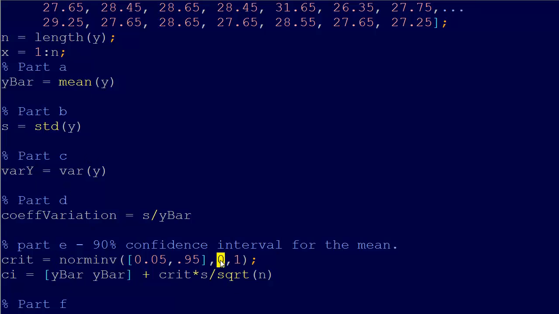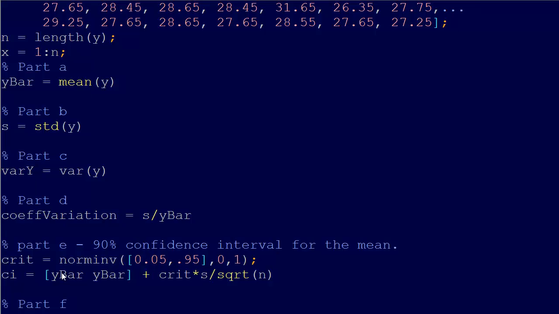Here I'm finding the confidence interval of a normal distribution because that's what norminv uses, and the distribution has a mean of 0 and standard deviation of 1. That's the z distribution that I've specified here. Then I give it the interval that I want to find it on, and it gives me the values.